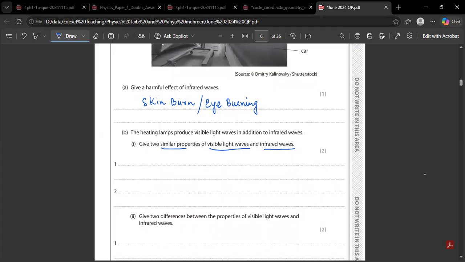One of the properties is very common, that they both belong to what type of waves? They are transverse. Okay. They are electromagnetic, right? Electromagnetic waves, right?